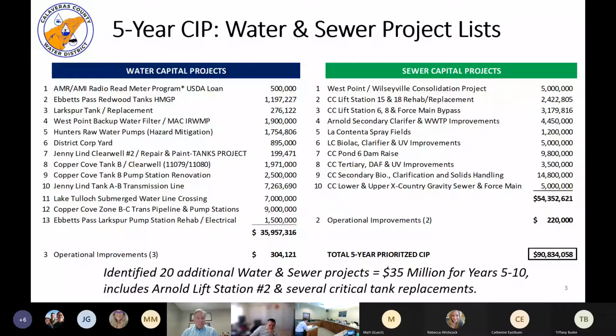Number 4 is out for bid. 5 and 6 are in design. When I say number 6, that's phase 2. We've already completed phase 1, which is the erection of the structure. The one up for award today is number 10. 8, 9, and 12 are currently out on request for proposals.